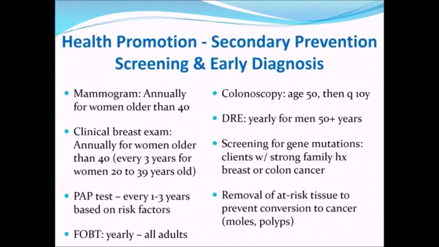Again, not routine, that's very individualized to the patient. And of course, removal of any at-risk tissue to prevent the conversion to cancer. So, talking about inspecting the skin back in the integumentary sensory unit, identifying any atypical moles and getting those removed, removal of any polyps identified during endoscopy, that sort of thing.